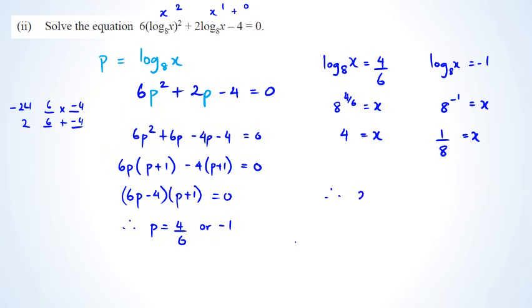So basically my two solutions are x equals 4 and 1 over 8. And that's basically it. So for excellence, you're looking at your final answers for two values of x, so I guess if you get up to here, you're actually looking at a merit. Achieved is just the answer itself, and achieved you can actually get just by doing this part here. And that's basically it for this question, guys.